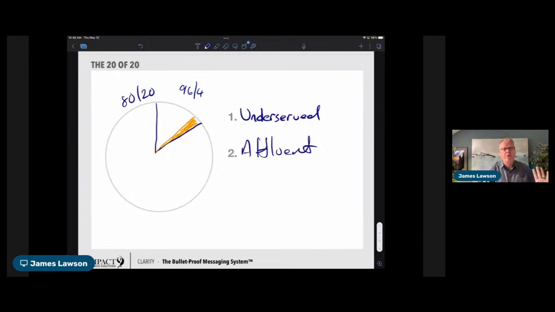But you're not selling a $27 widget. If you're a coach or a consultant, you're probably selling a $5,000, $10,000, $15,000 coaching program. So we want to make sure that this underserved market also has the financial means to take our services.